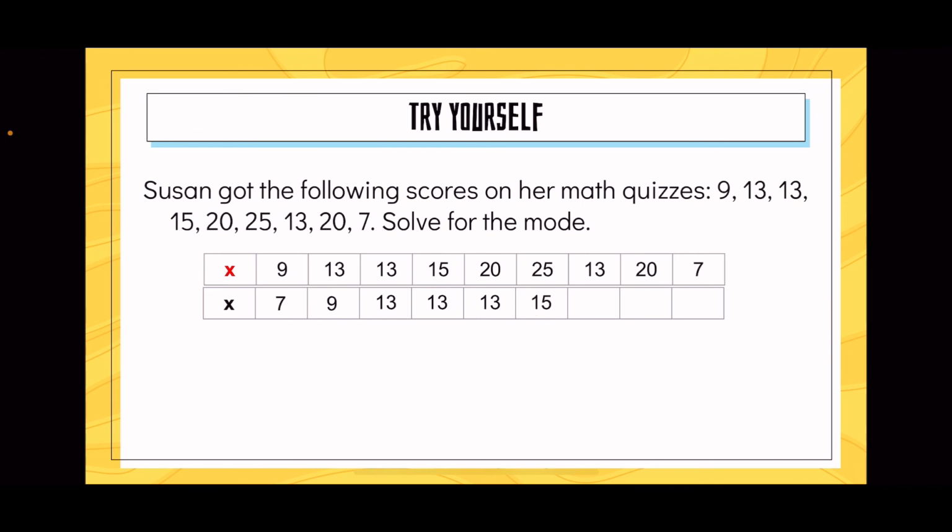After 15, we have 20, another 20, and the last number is 25. In this set of data, which do you think appeared the most? Very good. It's 13. Therefore, our mode is equal to 13.